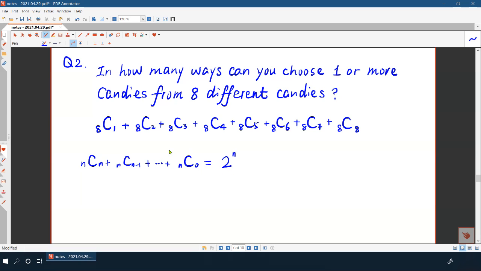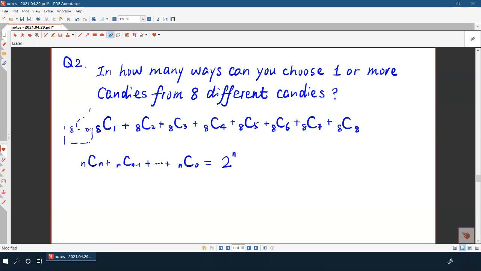And if we put this term to the right hand side, by observation, this is actually an example of this formula with n equals 8, right?